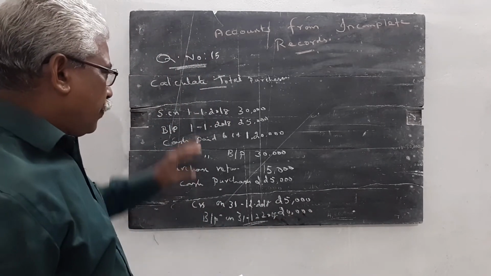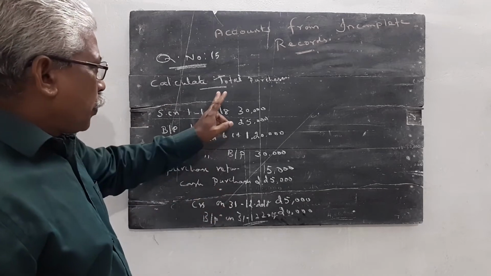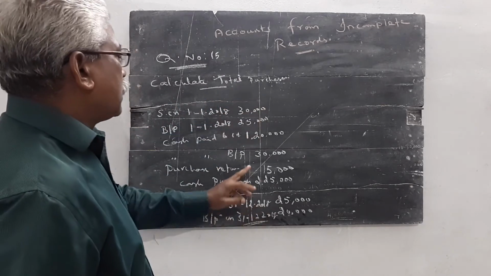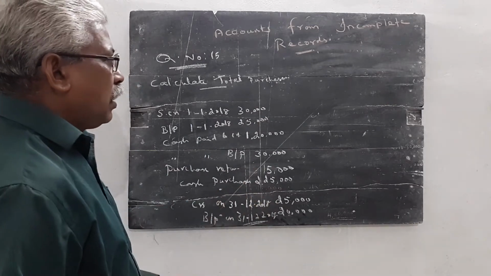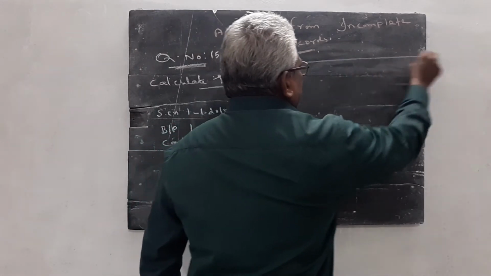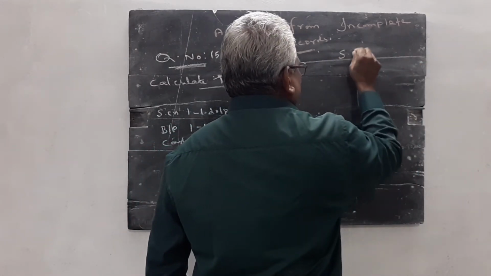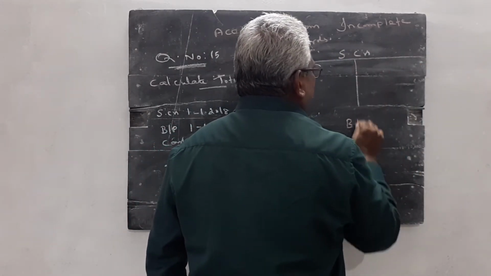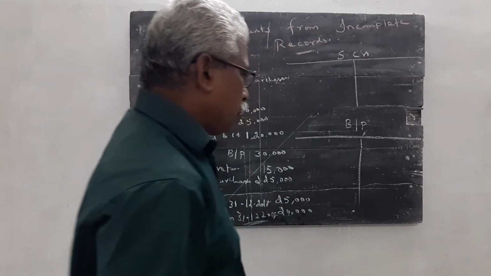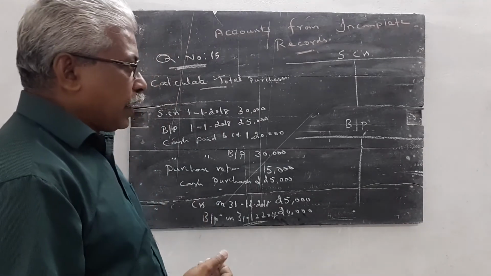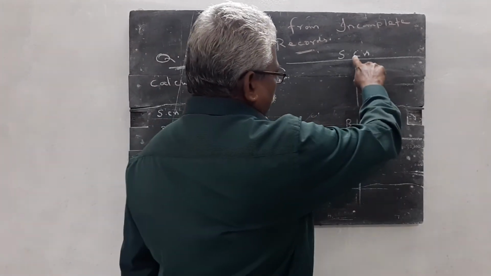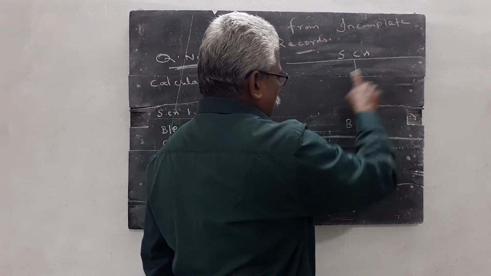With the help of this information, we have to prepare the total purchases. Total purchases is equal to credit purchases and cash purchases. That's all. Then first we prepare the sundry creditors account and bills payable account simultaneously. If you prepare simultaneously, we can easily solve the question. In sundry creditors account, opening figure is entered here, closing is entered here.